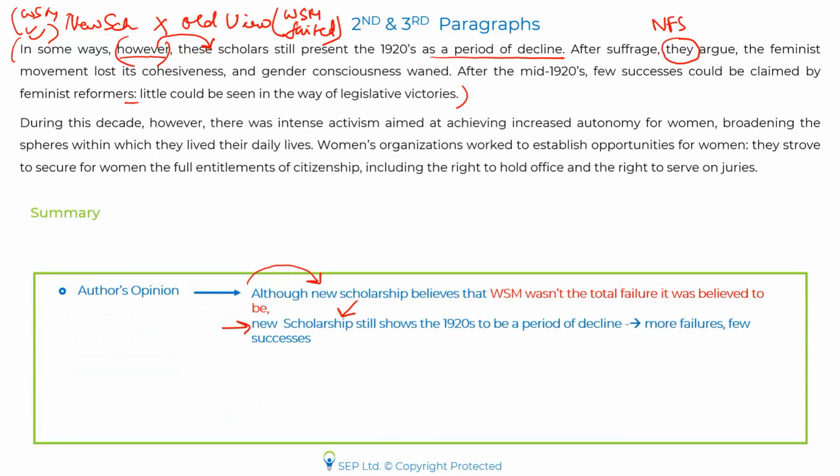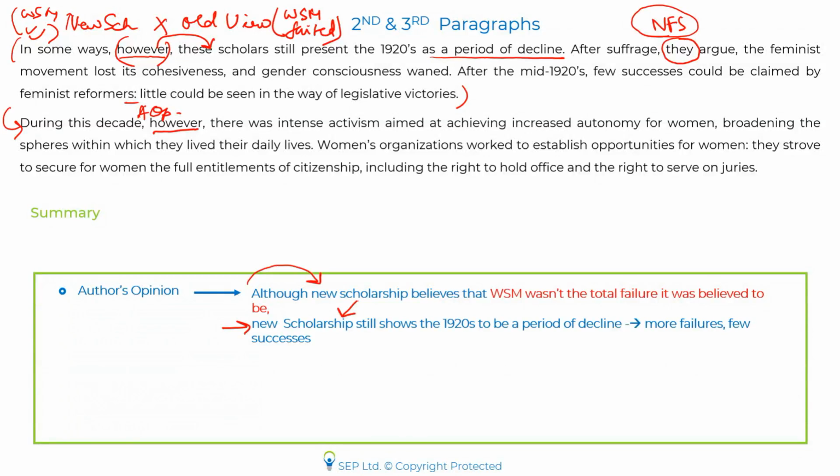During this decade, however, again a shift. So this was all about the new feminist scholars. In this paragraph, we notice that nobody has been mentioned. Then whose view is it? It has to be the author's view. Here we are talking about the author's opinion.